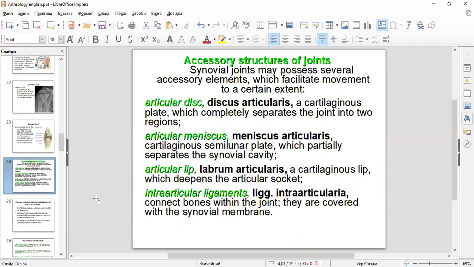Articular disc, discus articularis, a cartilaginous plate, which completely separates the joint into two regions. Articular meniscus, meniscus articularis, cartilaginous semilunar plate, which partially separates the synovial cavity.